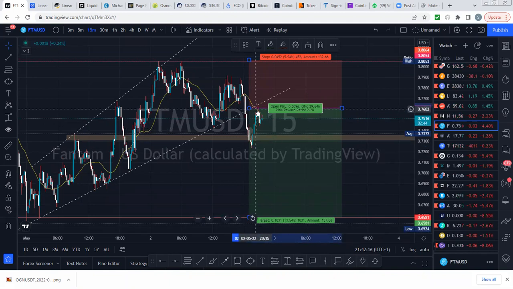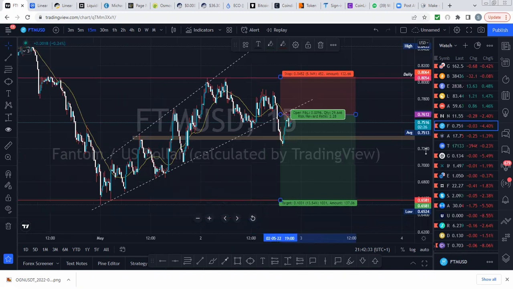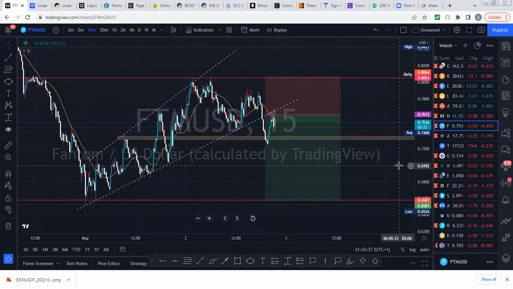My entry was a bit early. It was not a sell order; I entered it during this class now. Immediately I started the class, my first chart was this FTM. So I'm shorting FTM.